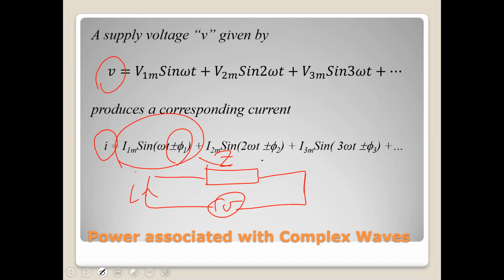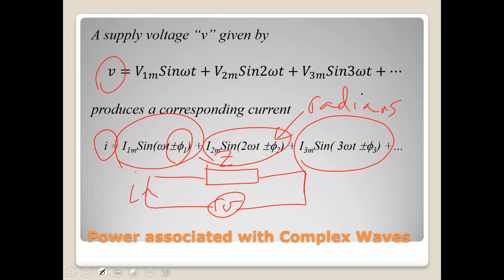For our second harmonic, we have that as the component. And for our third harmonic, we have I3m sine 3 omega t plus or minus phi 3 as our component. And bearing in mind, as we said in the last lecture, these phase angles are always denoted in radians.